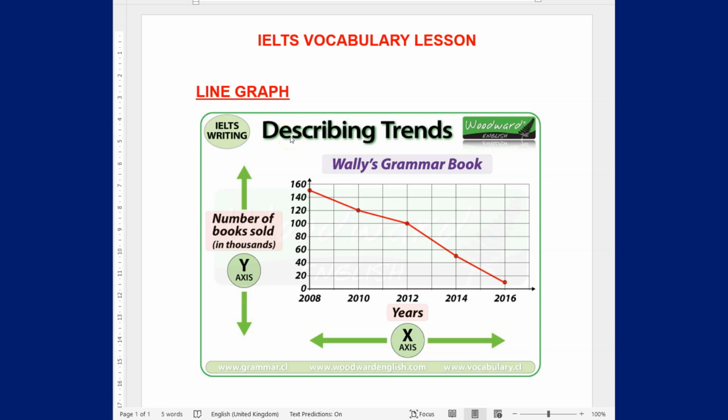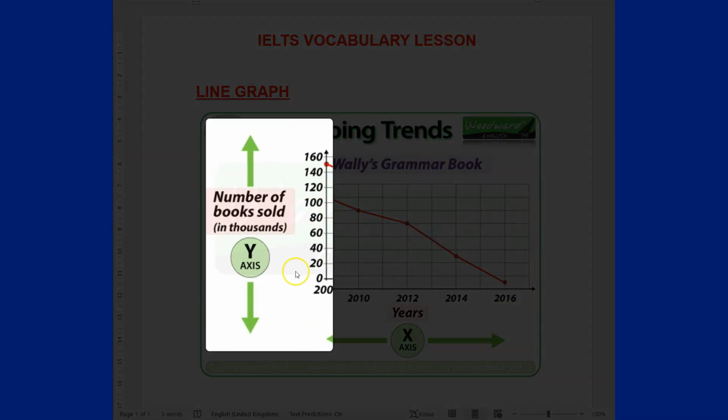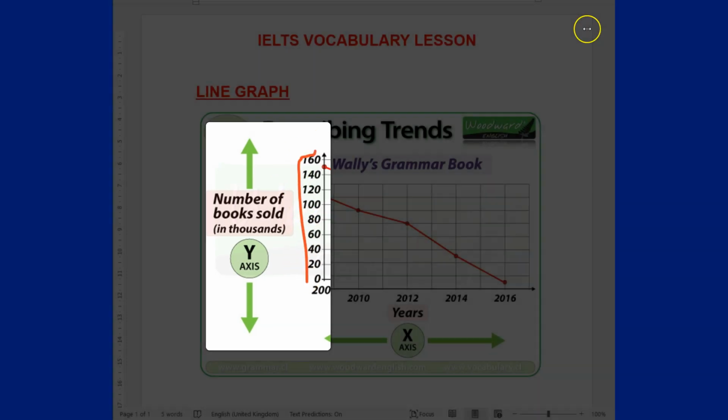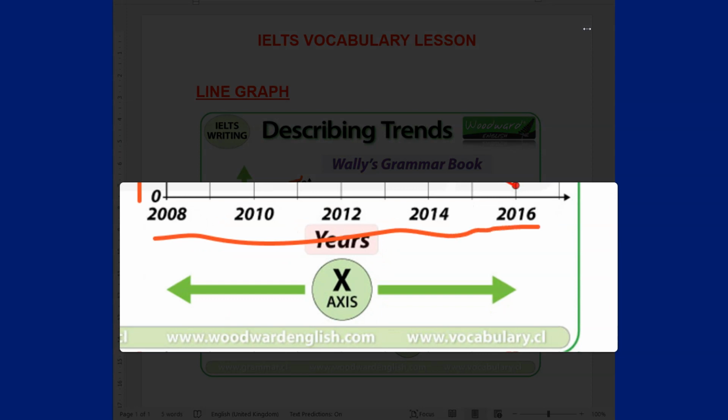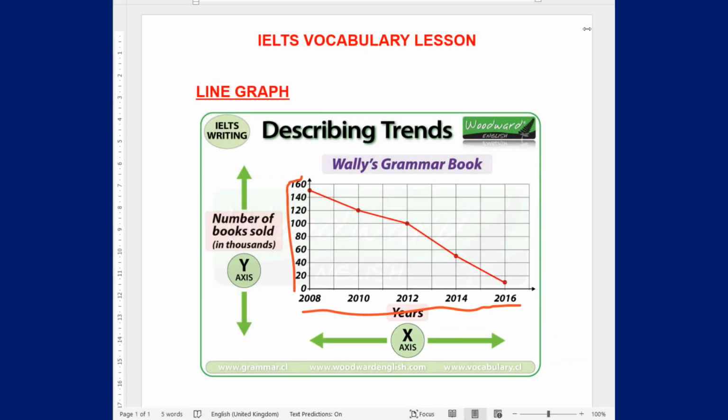Line graphs are used to show trends or tendencies or happenings that have actually gone on over a period of time. And if you take a line graph as a whole, it has two parts. It has this vertical side, which is called the y-axis, and this side, which is called the x-axis.